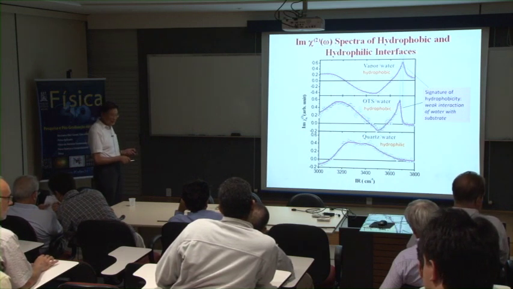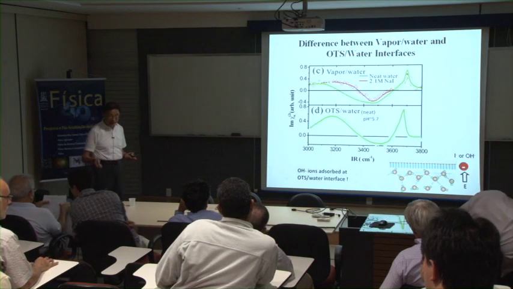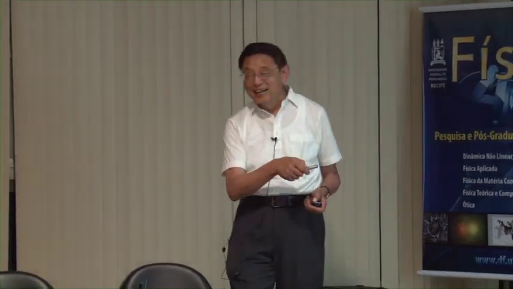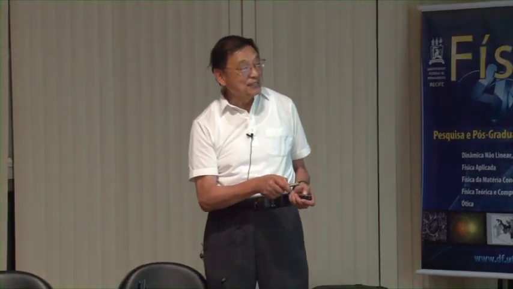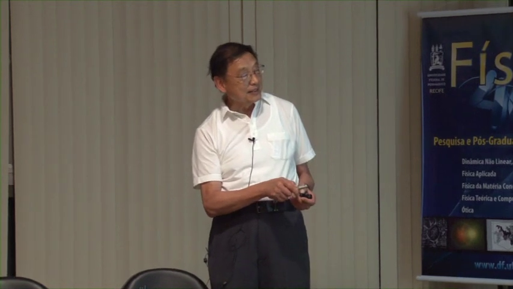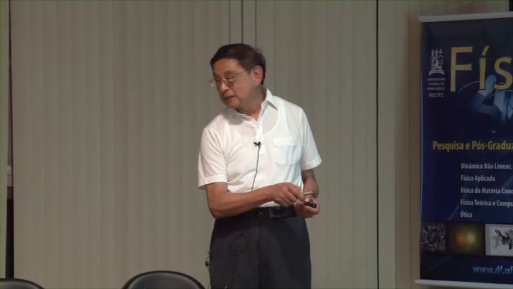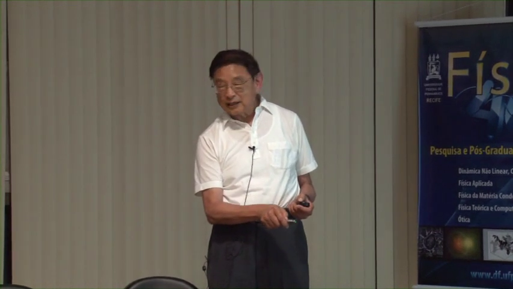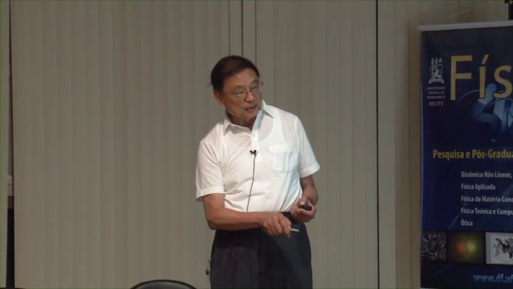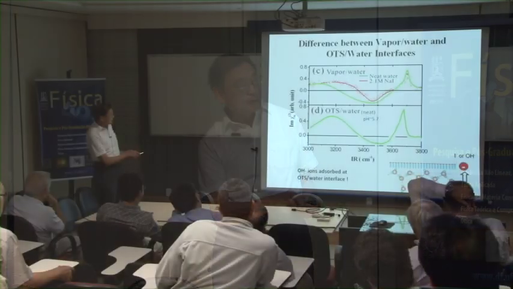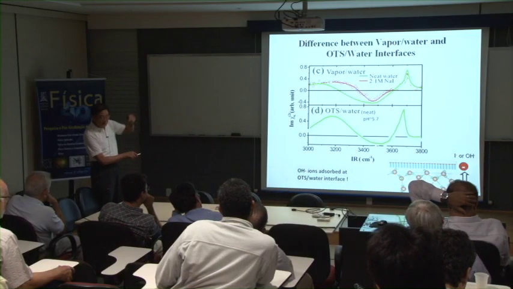And this is interesting. Look at this one. If I have charges at the interface, then the negative part becomes more positive because there's a surface field pointing up like that, reorienting the OH to point this way. So it's up. This is when I have iodine at the interface.